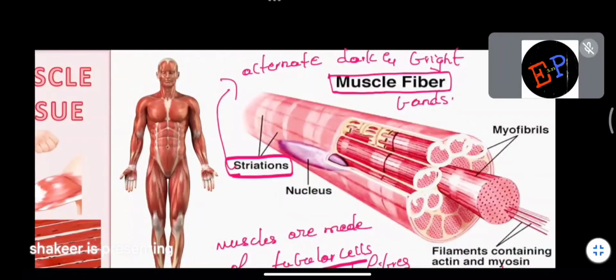Here you find a white color band, then it is followed by a dark color band, then again a white color band, then again a dark color band. If this type of bands are present, then it is called striations. So alternate dark and bright bands.